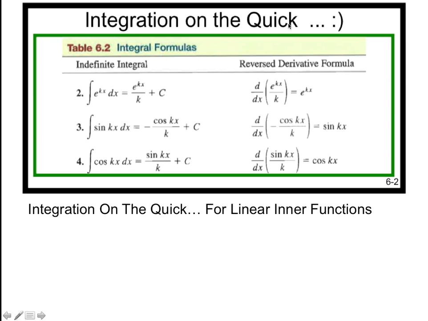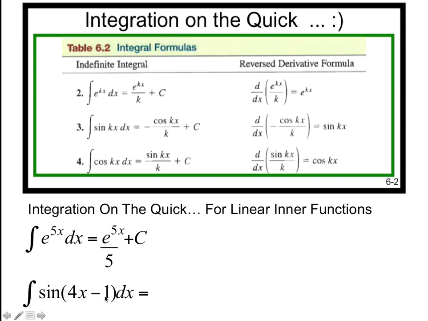That's integration on the quick. That's sidestepping the 8-step process with these linear factors. So for instance, the antiderivative of e to the 5x equals e to the 5x divided by 5 plus c. And we can do this with trig functions and linear factors in here as well.